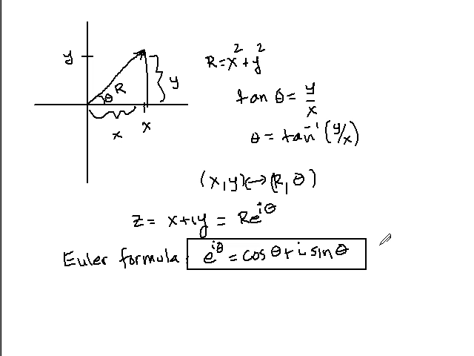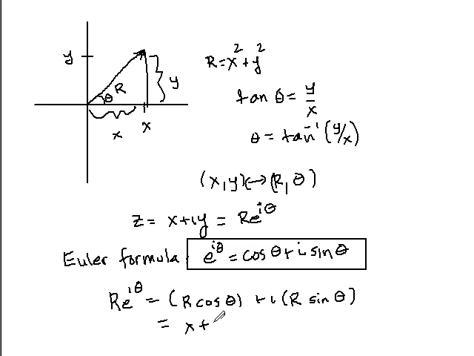You can see this through Taylor series or just by unique solution of the differential equation. So r e to the i theta is therefore r cosine theta plus i r sine theta. If you look at this as x plus iy, you quickly see that this term is x and this term is y, and in fact x is r cosine theta and y is r sine theta.